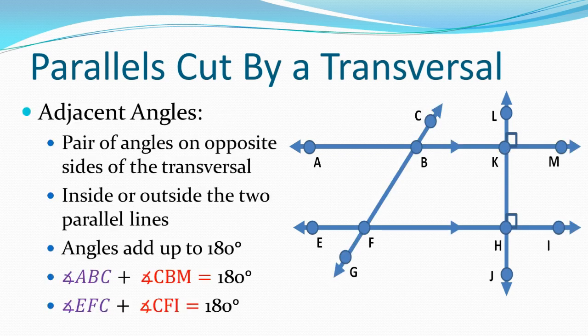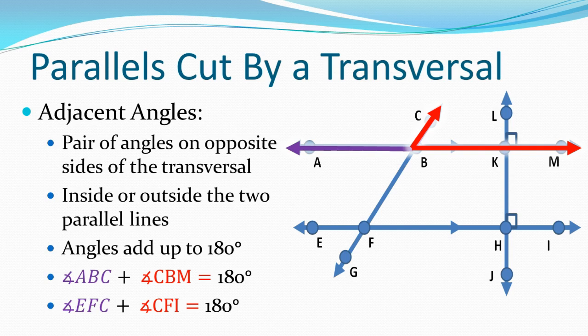Another relationship is adjacent angles. This is when you have a pair of angles on opposite sides of the transversal, inside or outside the two parallel lines. These add up to 180 degrees as well. So angle ABC and angle CBM add up to 180 degrees. We've also seen these angles called linear pairs. They're two angles that are right next to each other that form a straight line.